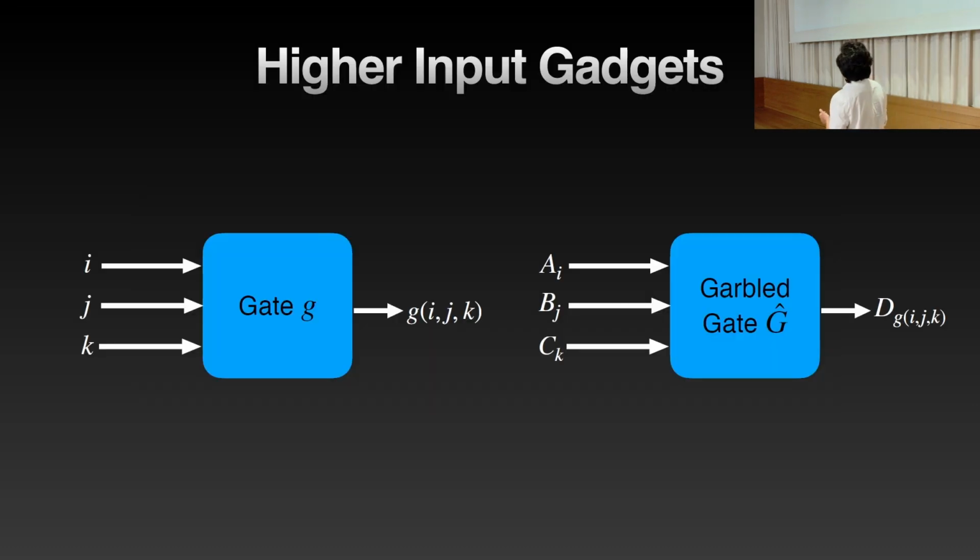Let's go back to what gadgets mean here. I'm just giving an example of a 3-input gadget here. It might mean something like a 4 or 5-input gadget. Instead of the same garbled gate, we have some sort of gadget which takes in multiple inputs, and you obtain the output of a function with more than 2 inputs.